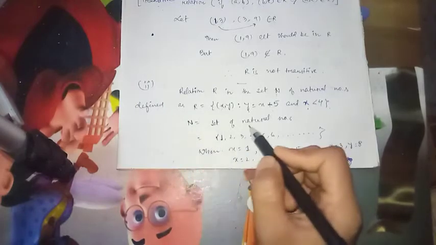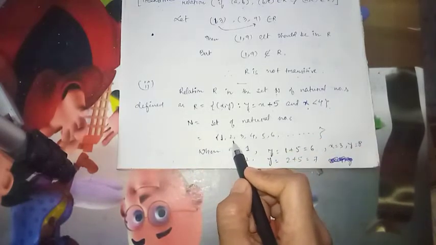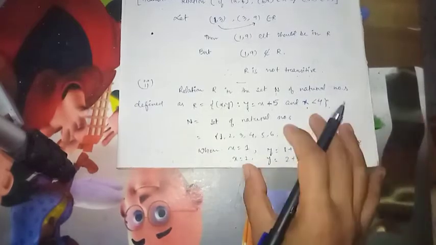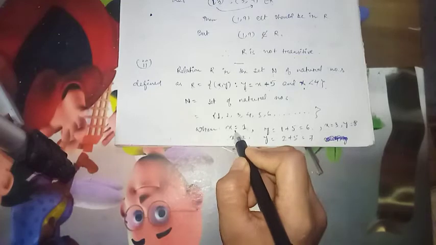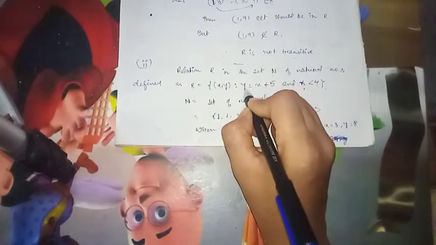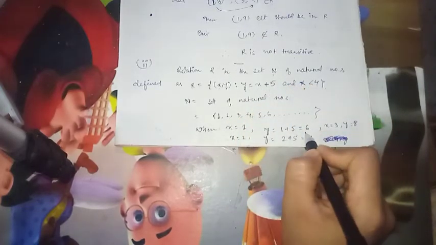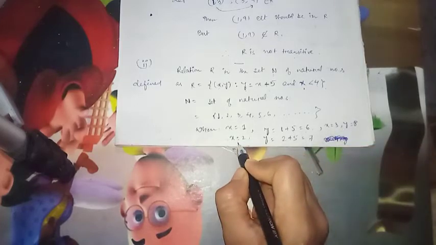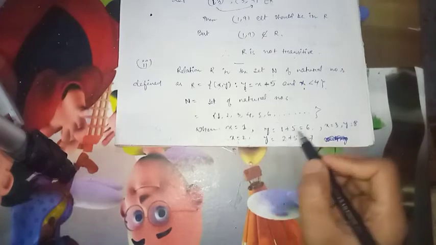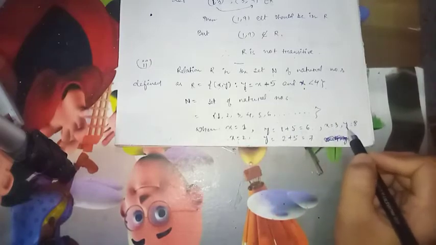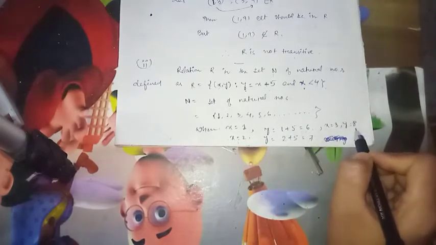We all know that N is a set of natural numbers having the elements 1, 2, 3 up to infinity. So first take x equal 1. When we take x equal 1, then y will be equal to 1 plus 5, that is 6. When x equal to 2, we will get y equal to 2 plus 5, that is 7. Similarly for x equal 3 we will get 3 plus 5, that is 8.